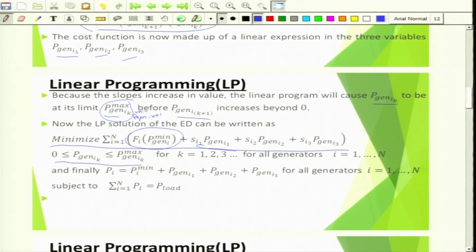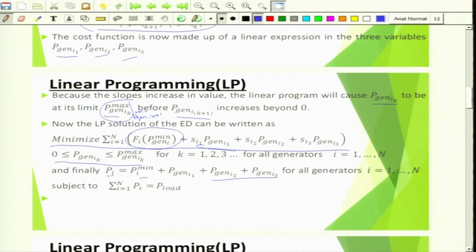The generation should be within its 0 to maximum limit. And finally, the total generation Pi is equal to Pi minimum plus P gen I1 plus P gen I2 plus P gen I3 for all generators I is equal to 1 to n, and subject to summation of I is equal to 1 to n Pi is equal to P load.